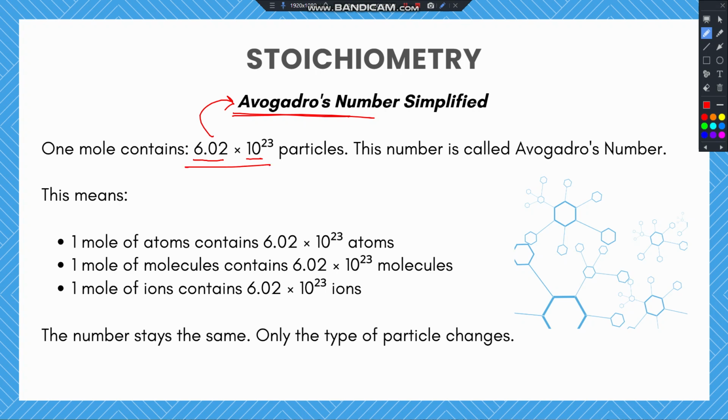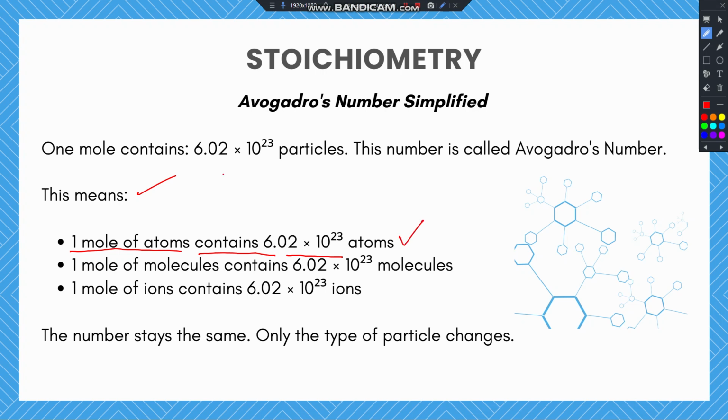And the mole says that 1 mole of a substance contains 6.02 multiplied by 10 raised to power 23 particles. Now, those particles could be molecules, they could be ions, they could be atoms, whatever they are. But that number is also referred to as the Avogadro's number. So this simply means that 1 mole of atoms contains 6.02 times 10 raised to power 23 atoms.